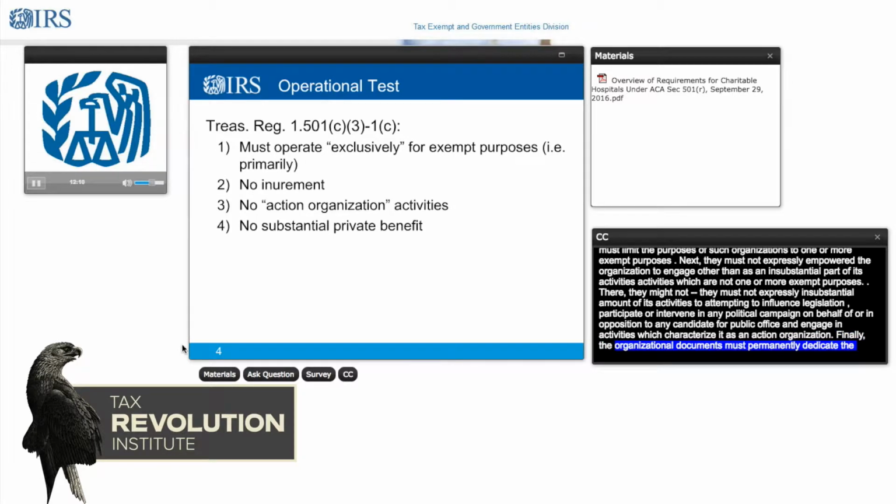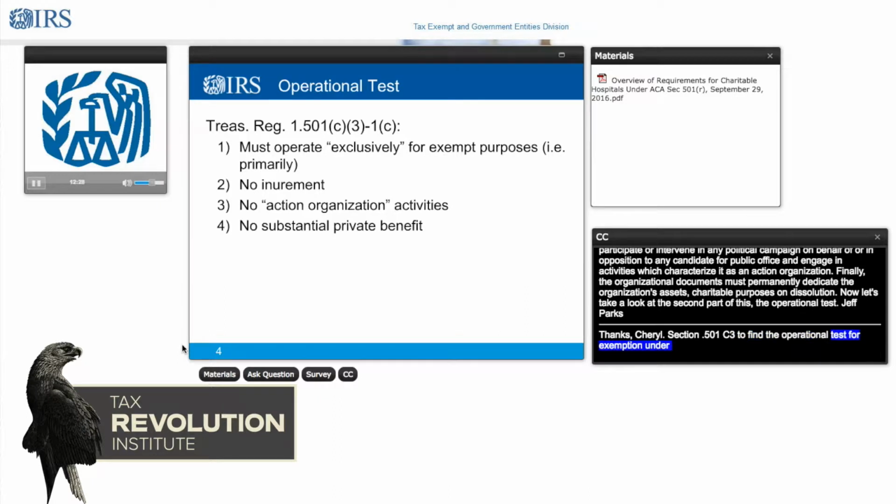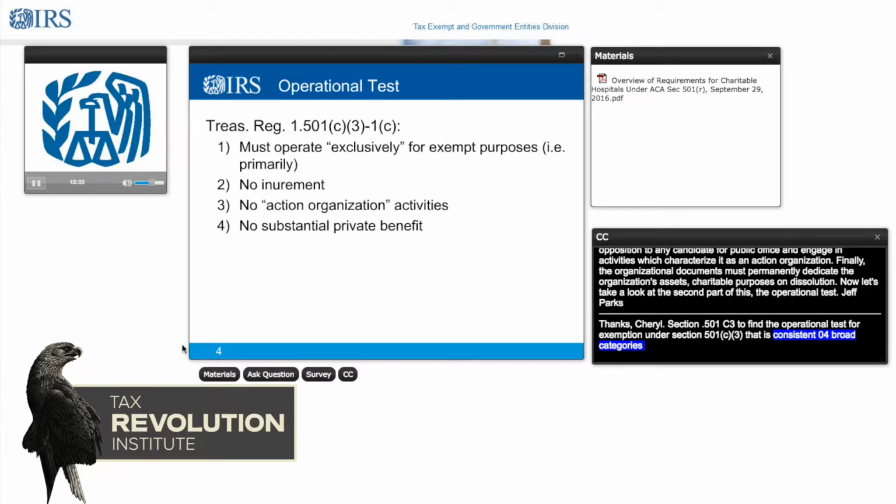Now let's take a look at the second part of this, the operational test. Geoff? Thanks, Cheryl. Treasury Regulation Section 1.501c3-1(c) defines the operational test for exemption under Section 501c3 as consisting of four broad categories, involving first, the requirement to operate exclusively for exempt purposes; second, the prohibition against inurement; third, the prohibition against becoming an action organization; and fourth, the prohibition against substantial private benefit.